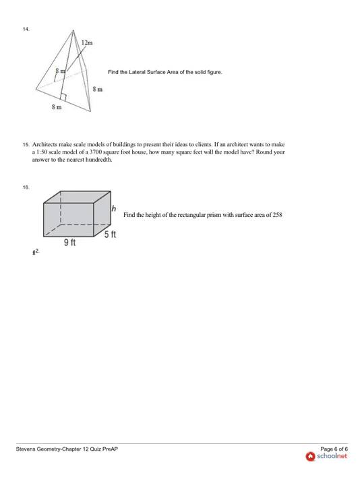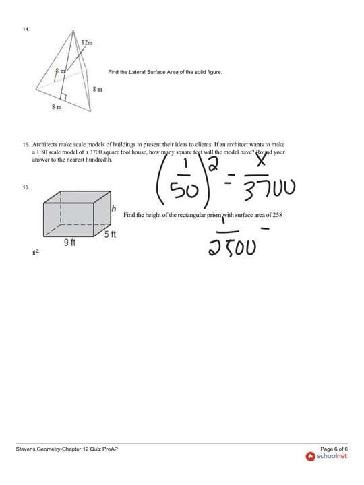Okay. Again, I already did question 14, so the very last, we have two more. It's question 15 and 16. 15 says he wants to make a 1/50th scale drawing of a 3,700 square foot house. I'm talking about surface area here, so I'm going to square it. And this time, I want to know how small it is, so x over 3,700. 1 over 2,500 equals x over 3,700.